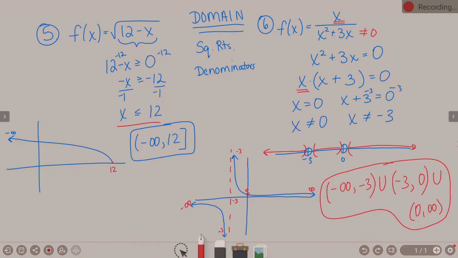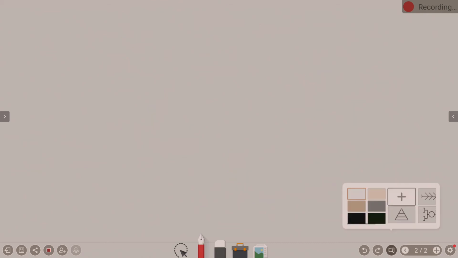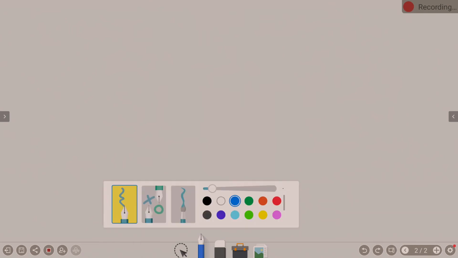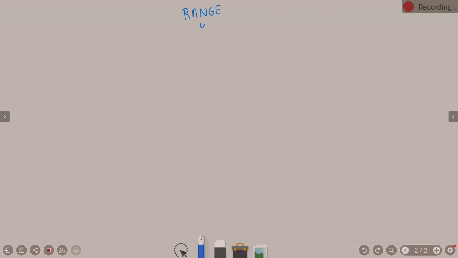So domain is all about the x. What about range? It's all about the y. So range is all about the y values.